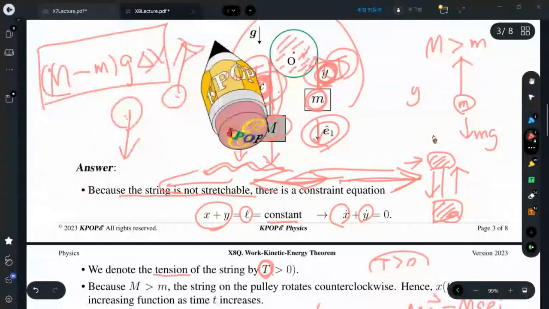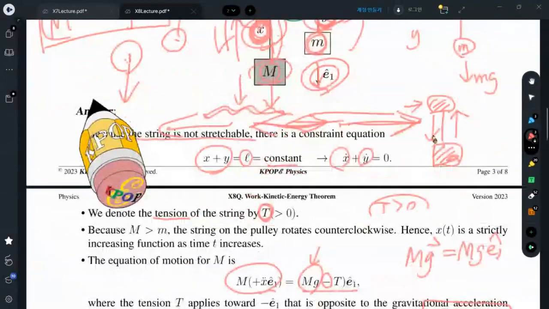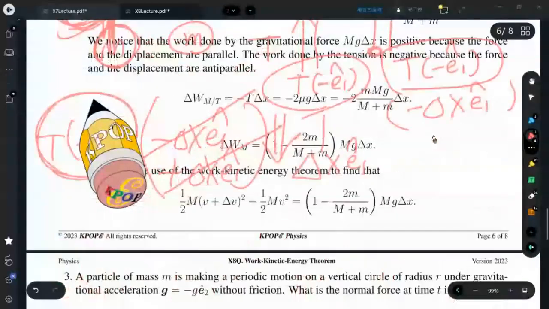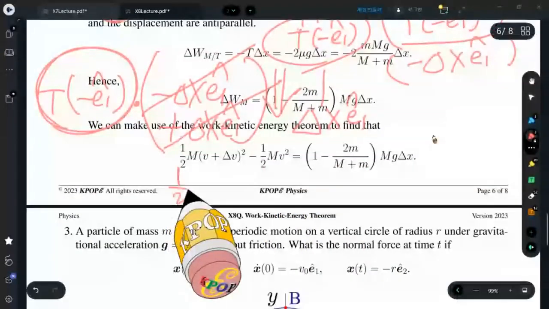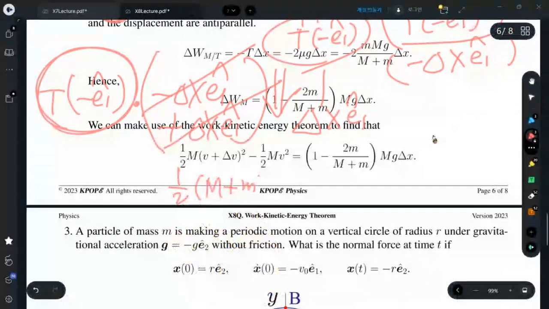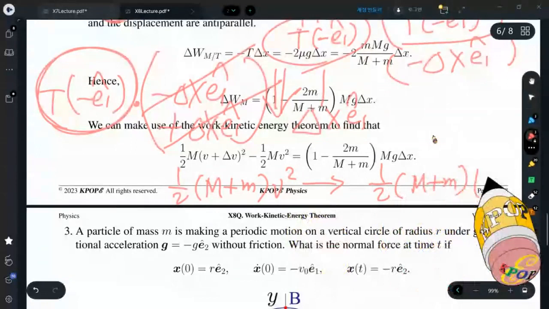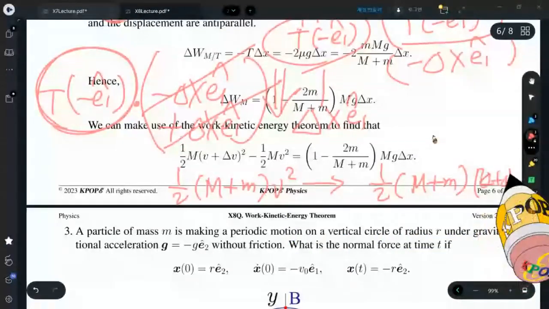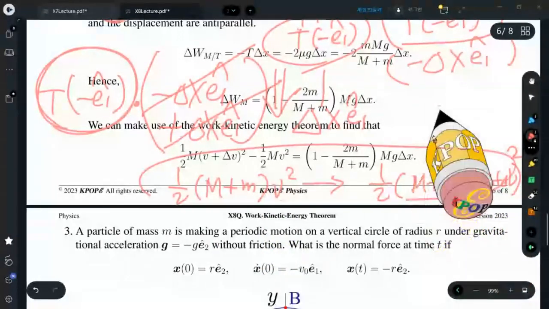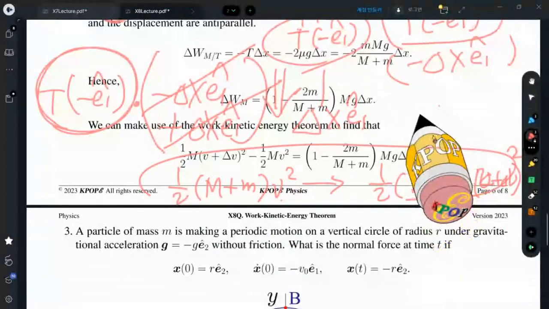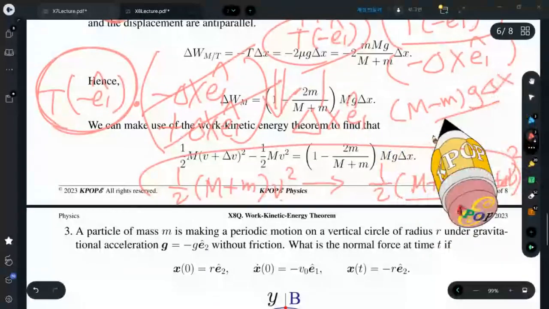And this positive amount of work is transformed into the change in the kinetic energy, and our kinetic energy is from the whole system, 1/2 (M plus m) V squared to 1/2 (M plus m)(V plus delta V) squared. And the difference of these two is identical to the work done by the gravitational force. Okay?